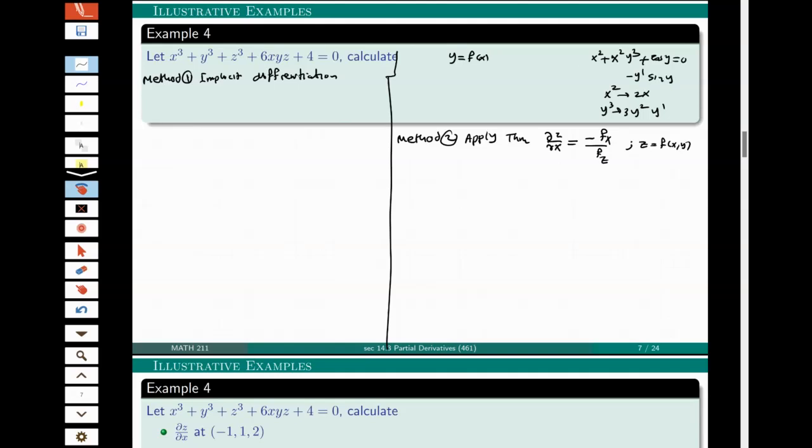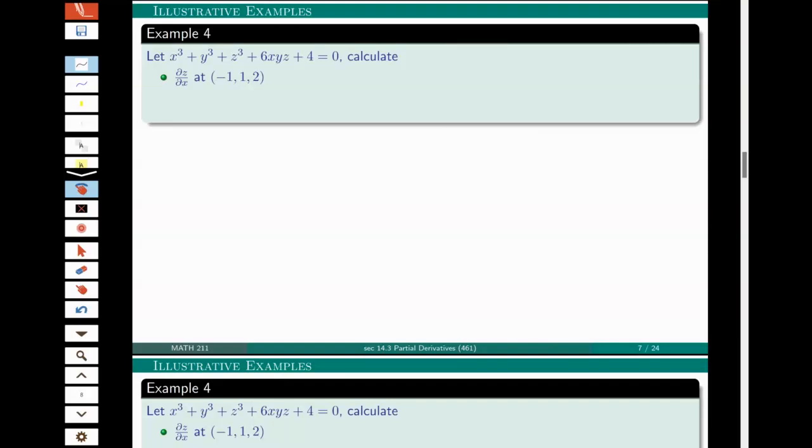That's what we have in calculus 1. It's just a reminder. Now we have z as a function of x and y. Keeping that idea, we will deal with z like we deal with y there. So if we have z cubed and I'm differentiating with respect to x, I will say 3z squared z sub x.